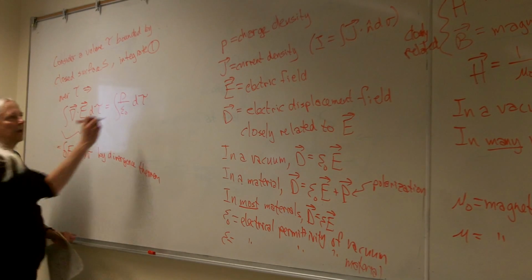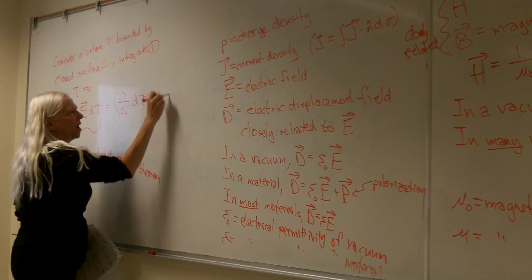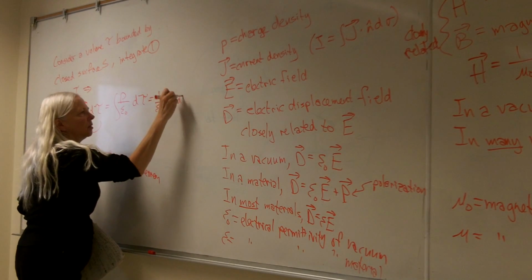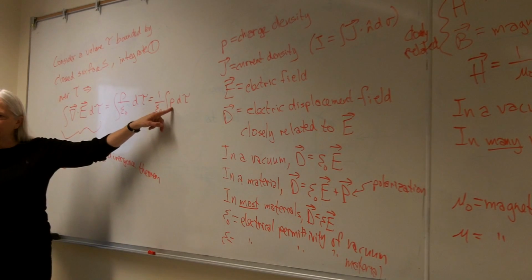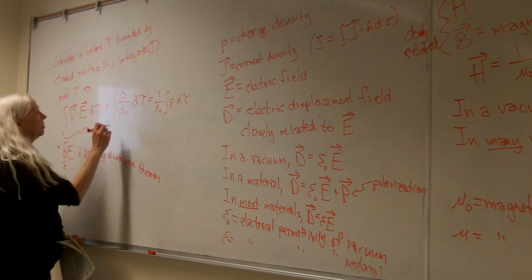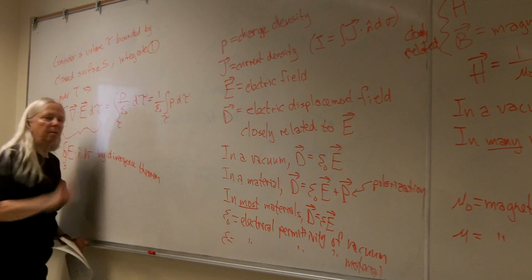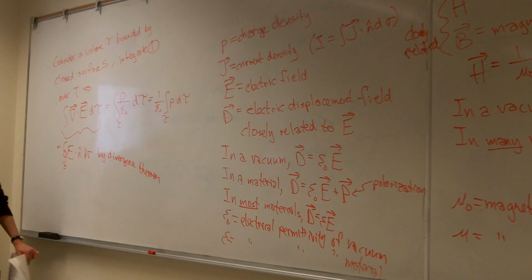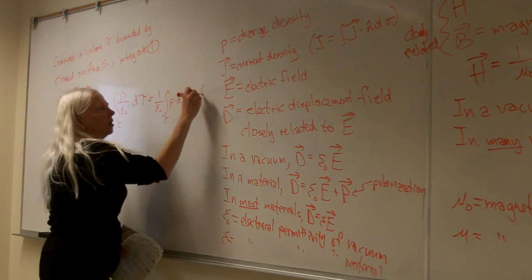And on the right-hand side, of course, the 1 over epsilon naught can be pulled out in front. Rho, remember, is a charge density or a charge per unit volume. So when we integrate it over the entire volume, with whatever limits here reflect that volume, we're just going to get the total charge enclosed inside of that volume.